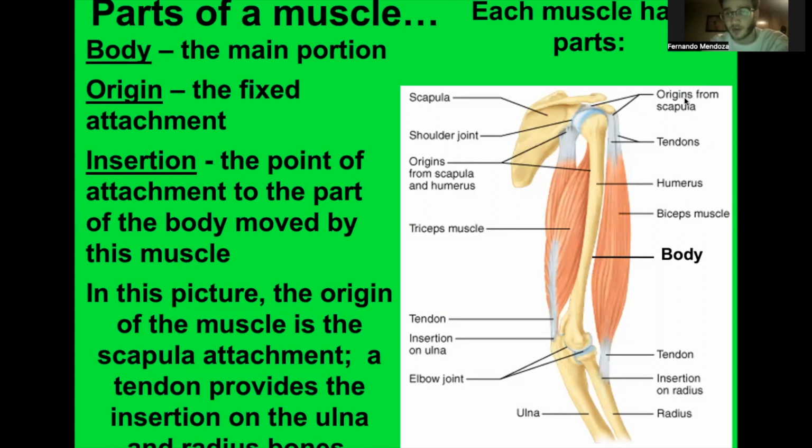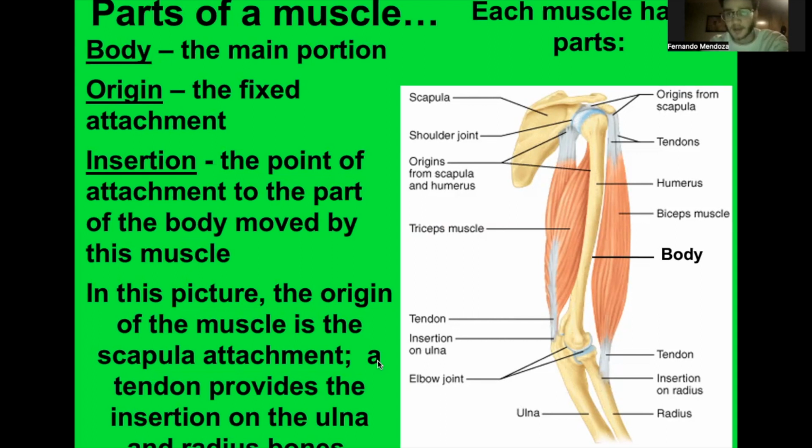Right here is the origin, from the scapula, and the insertion is on the radius, because this muscle is going to move the radius, not the scapula. The scapula will remain stable, in this position here, and what is going to move is the radius with the help of the biceps muscle. And I already explained that picture.